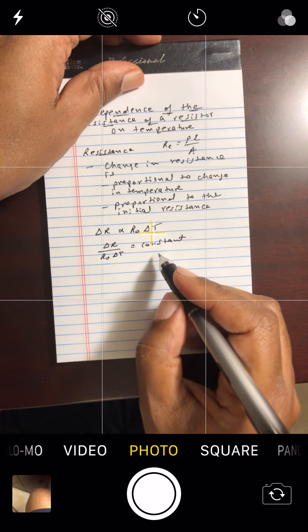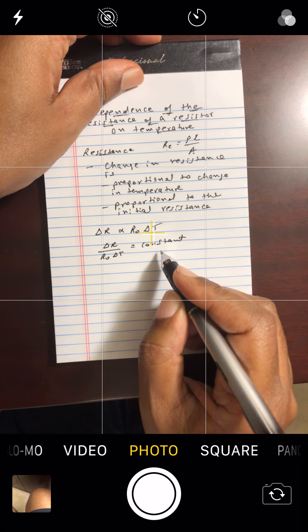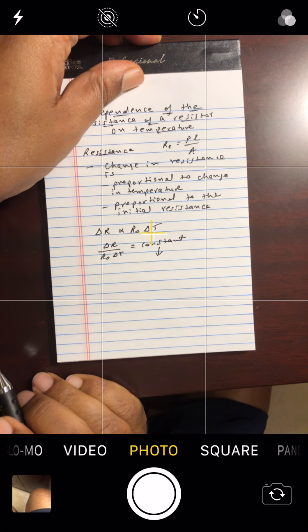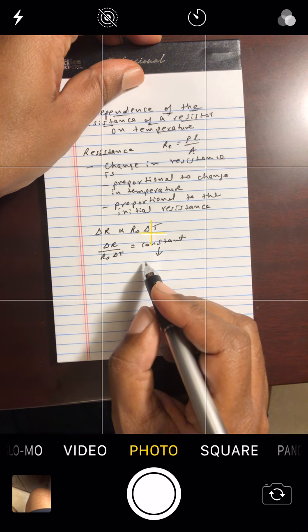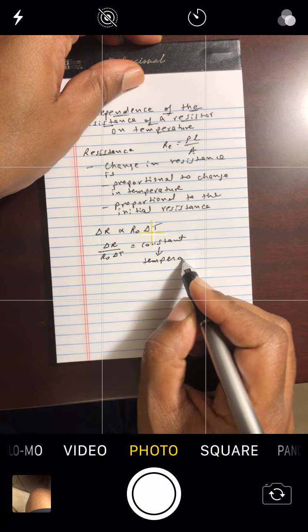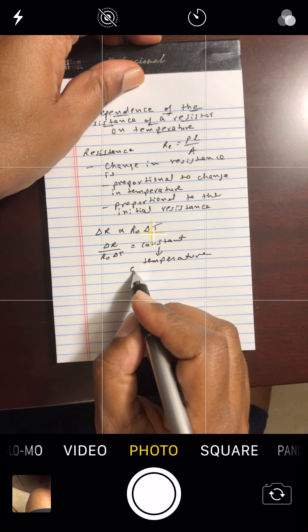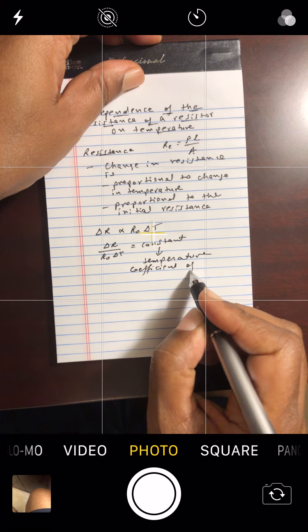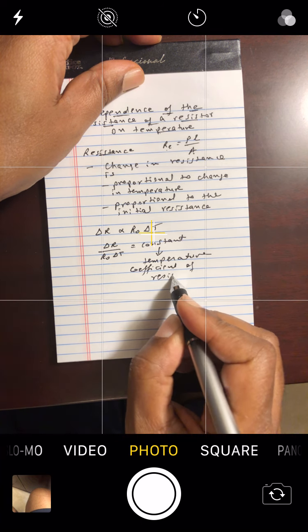This is the same constant as for resistivity. It's called the temperature coefficient of resistivity, and we're going to use alpha.